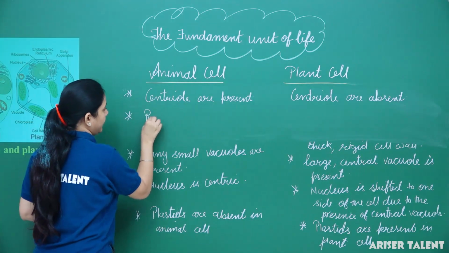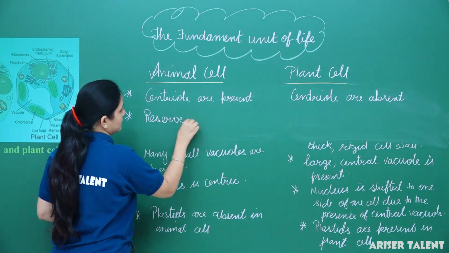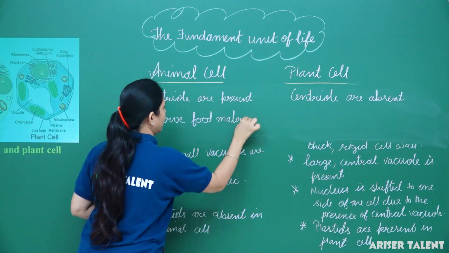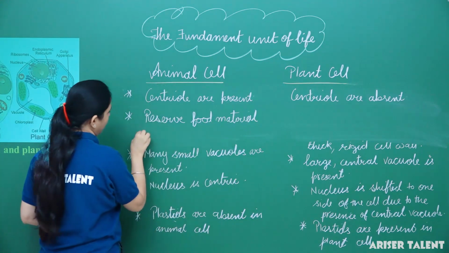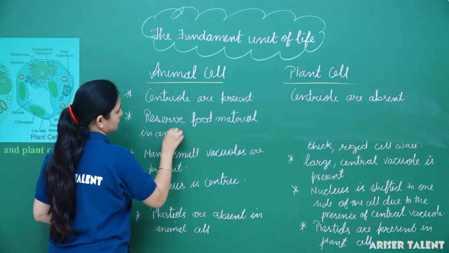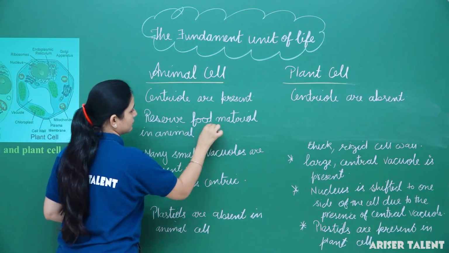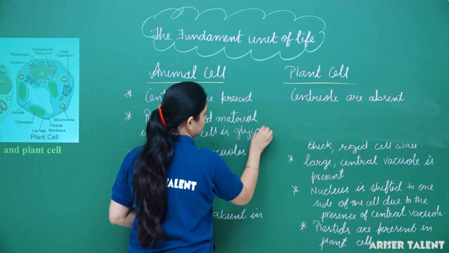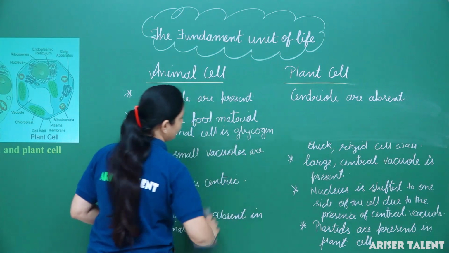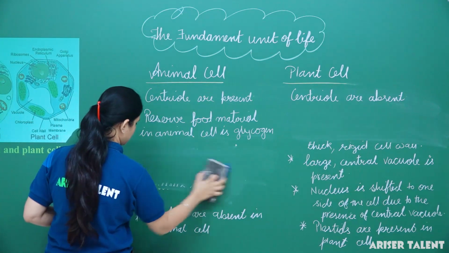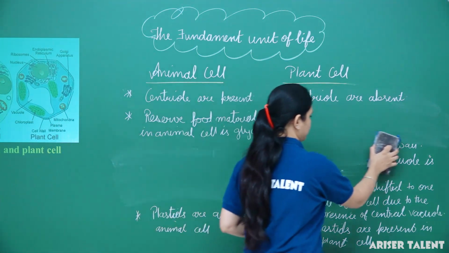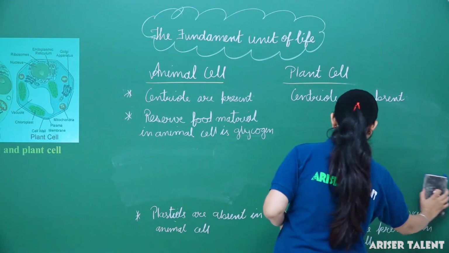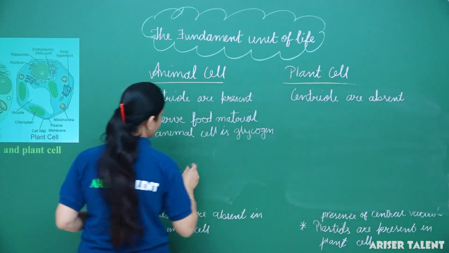Reserve food material. Reserve food material in animal cell is glycogen and fats.